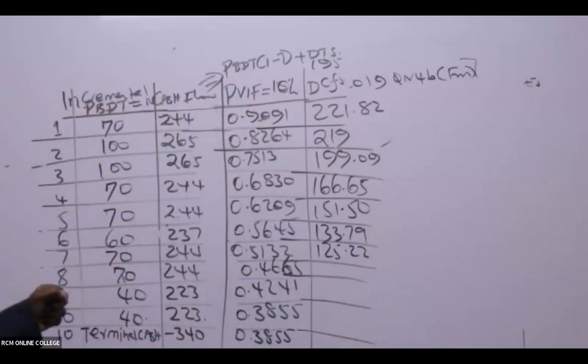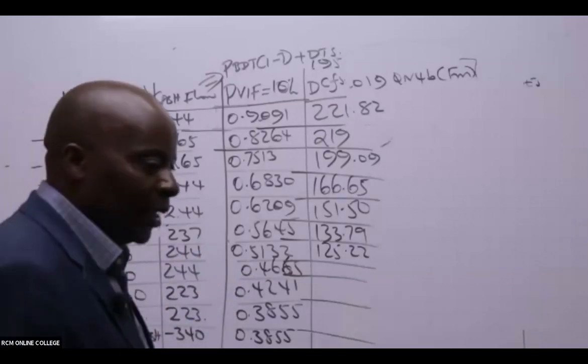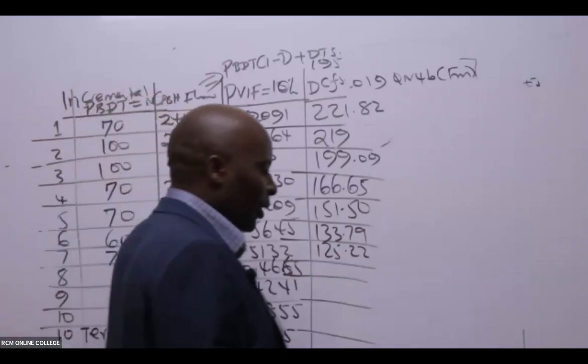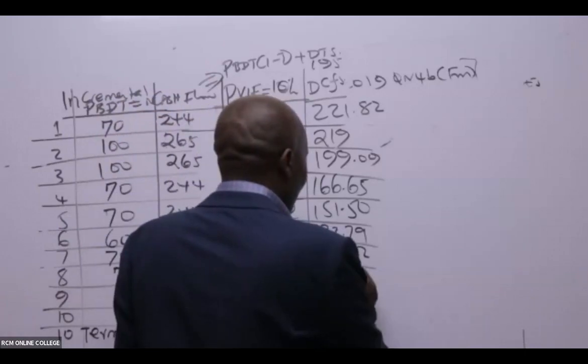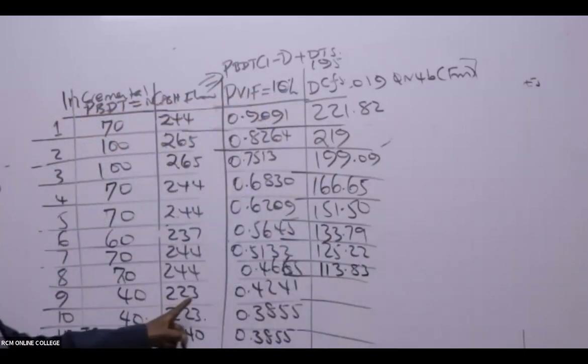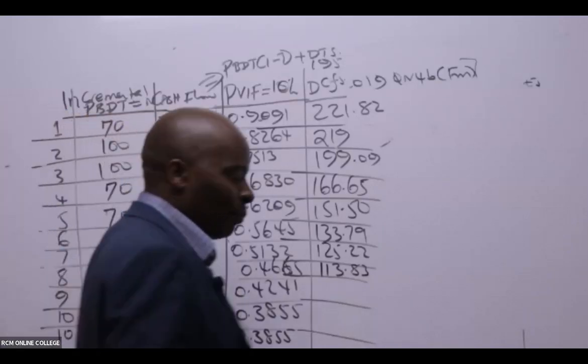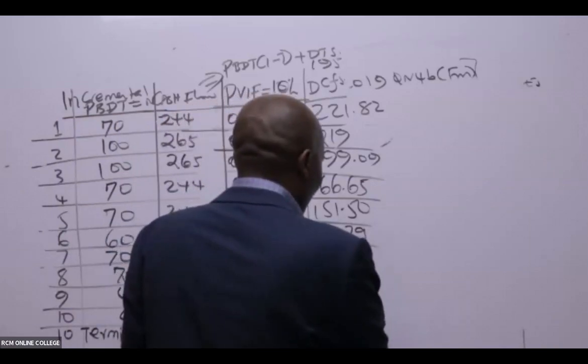I'm so excited. Year number 8, 244 times this. So we have here 113.83. Then we go to 223 times 0.4241. 94.57.